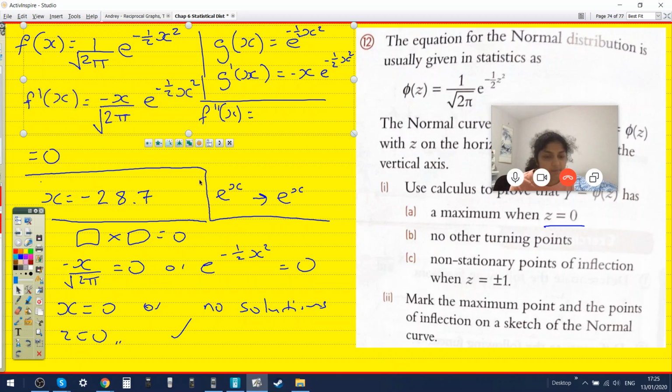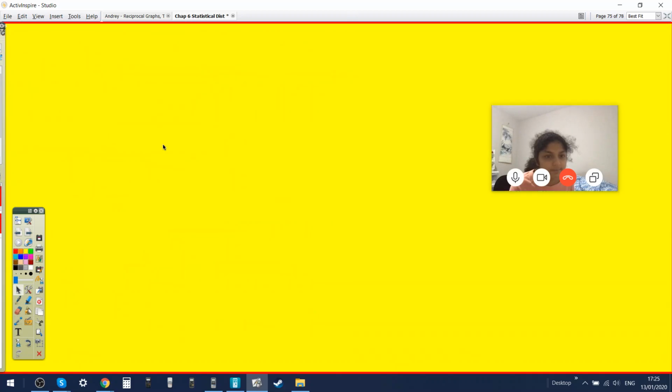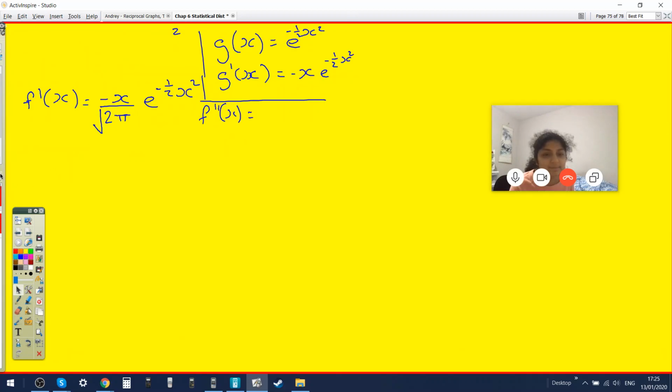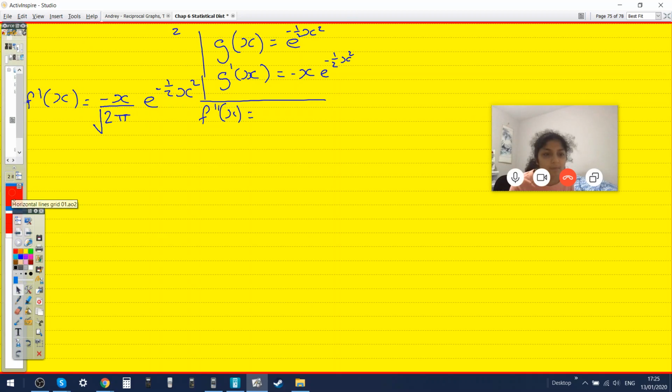So I believe it's going to be chain rule. But wouldn't minus x over root 2 pi just differentiate to minus 1 over root 2 pi? Yeah. Okay.